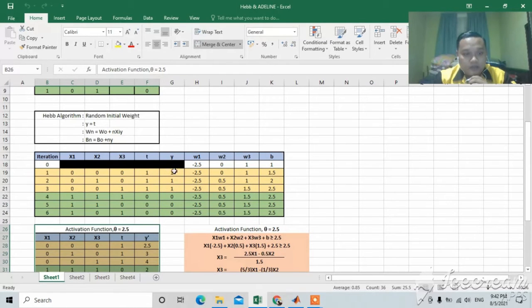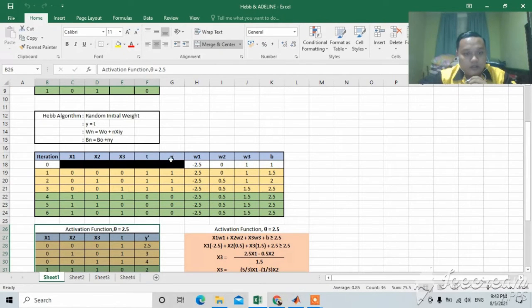For example, to get iteration 1 for weight 1, weight new is weight old plus learning rate times x1 times y. So when x1 is 0, we just take the weight old, which is negative 2.5. It's the same until iteration 3, and for iteration 4 we use this one too.